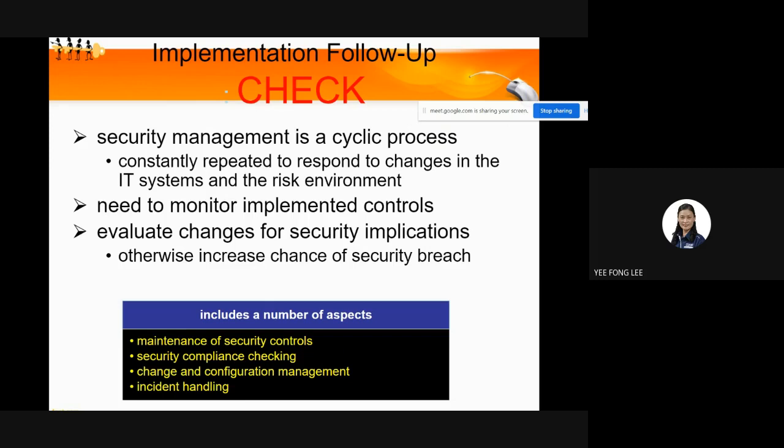The obvious example is if a breach occurs, such as a virus infection on a desktop system, then changes might be needed from the risk assessment, then to the controls chosen or to the details of implementation.